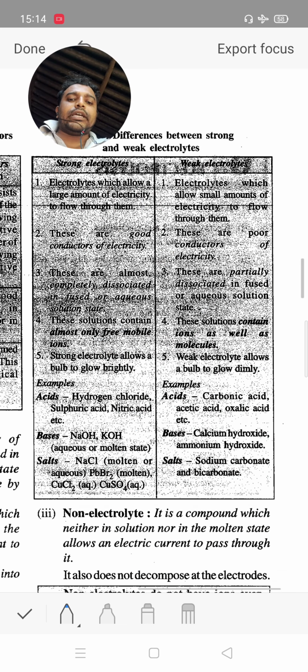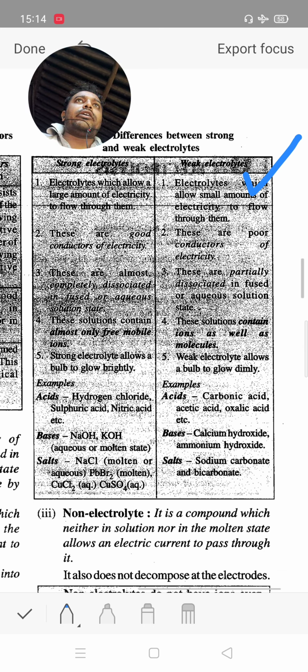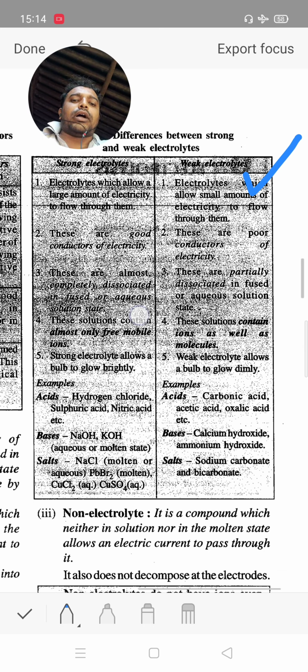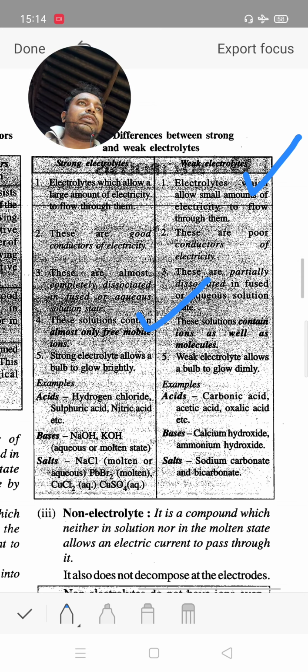Now students, weak electrolyte. Weak electrolyte means it is partially or incompletely dissociated into ions in the aqueous solution. Example, weak acid, weak base and some salt, which are examples of weak electrolyte.